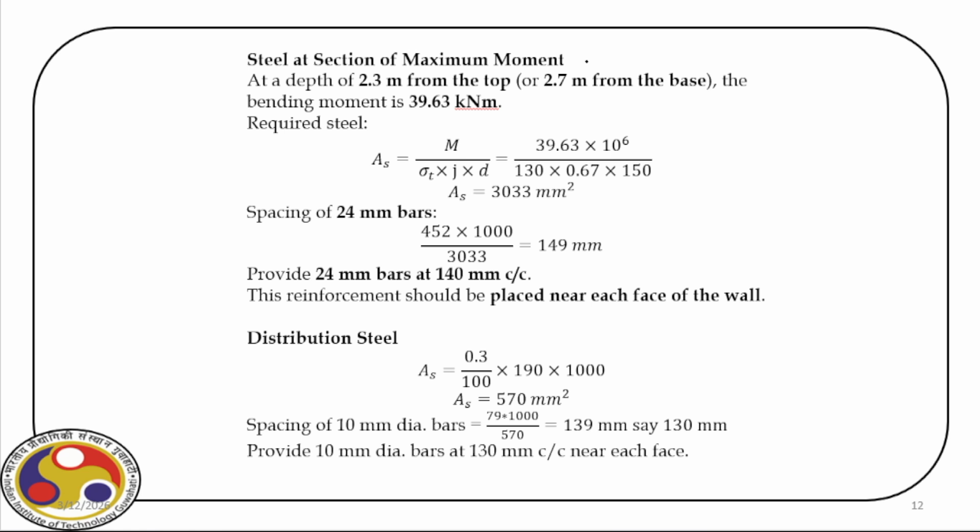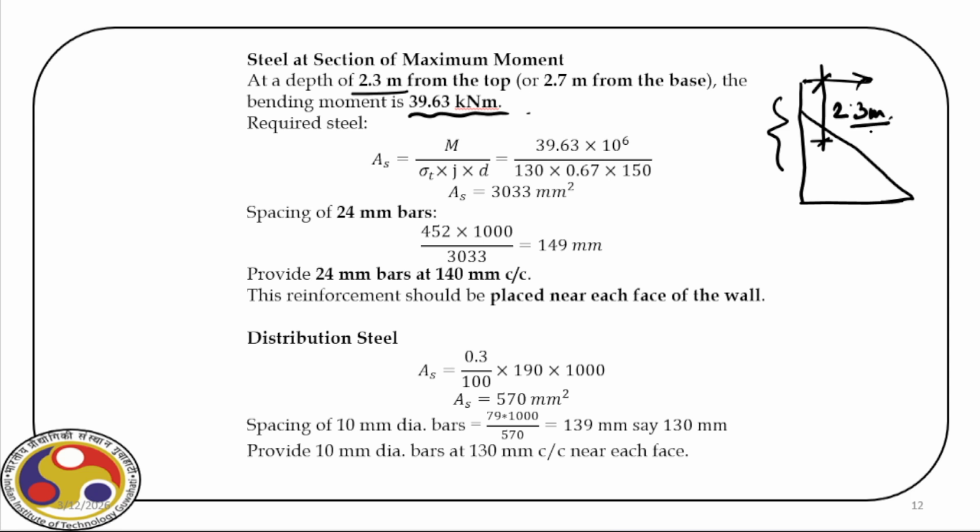Now, if you recall, we have already figured out the maximum bending moment here over the wall, not at the base, and its value is 39.63 kilonewton meter, which is at a distance of 2.3 from the top. So from the top at 2.3, we have this maximum bending moment.